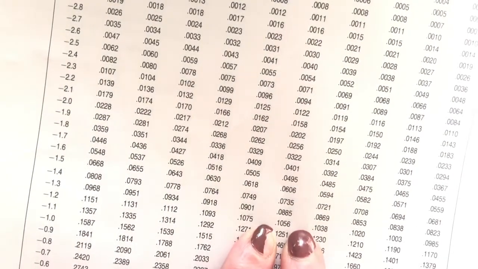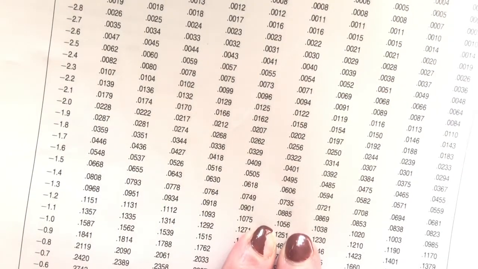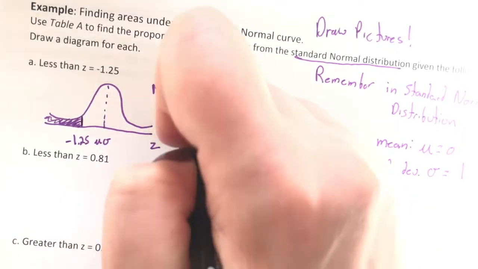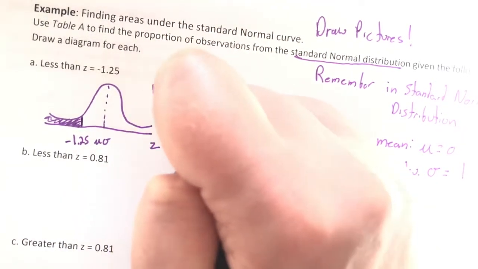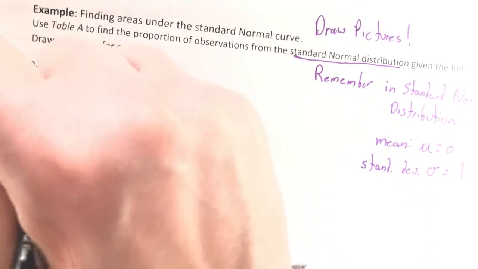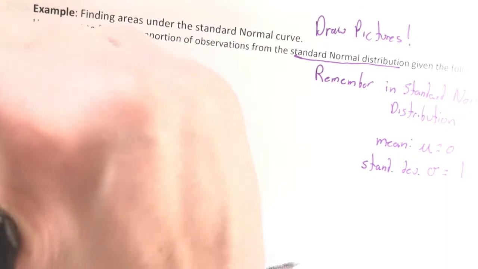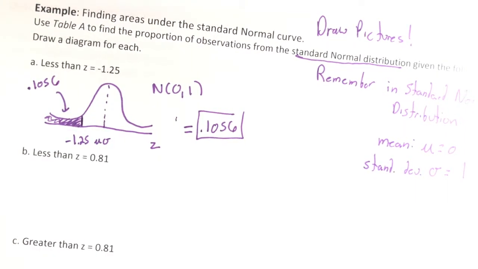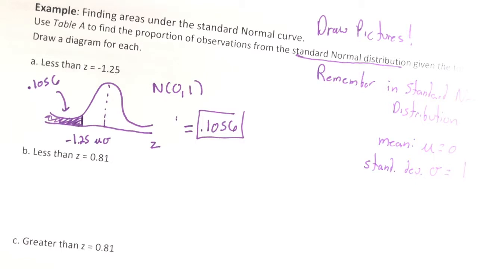And if you did it correctly, it should meet at 0.1056. So this is going to be equal to 0.1056. That's what is in here. So if you think about that, that's not quite 11%, almost 10.56% of our area falls less than negative 1.25.